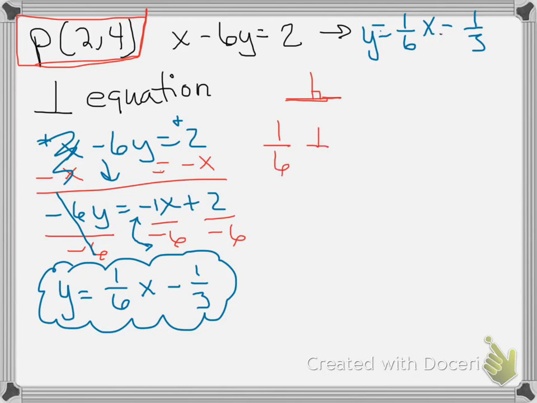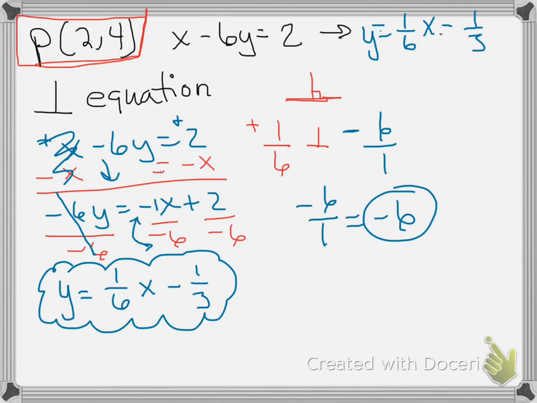For it to be perpendicular, instead of a plus, we are now going to change it to a minus. And instead of 1/6, we're really just flipping it. We take the 6 on the bottom and put it on the top, and the 1 on the top and put it on the bottom. Negative 6 over 1 is negative 6, so we can just use the whole number, negative 6.